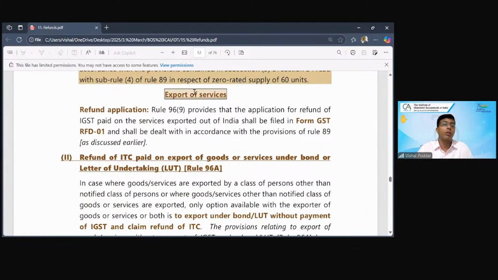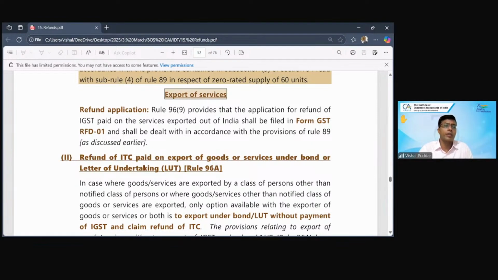Next, export of service. Now, importantly, when you are exporting goods with payment of IGST option, as we have been discussing, there is no need to make a refund application. The refund will come automatically. However, when you are exporting service, even with payment of IGST option, the refund does not come automatically because here customs is not involved.